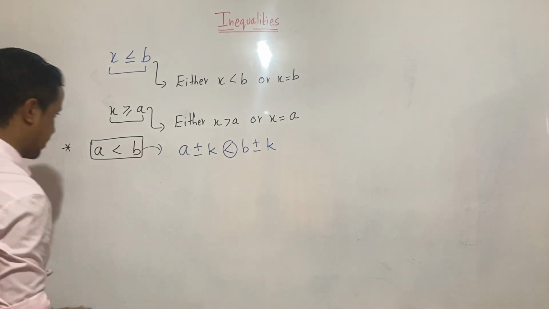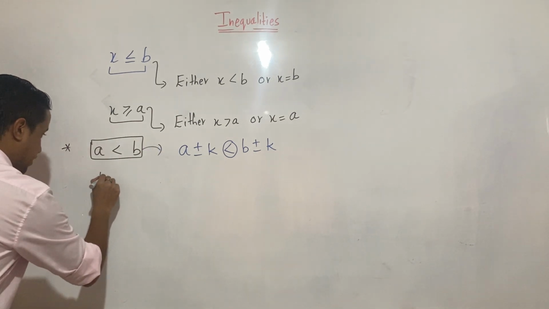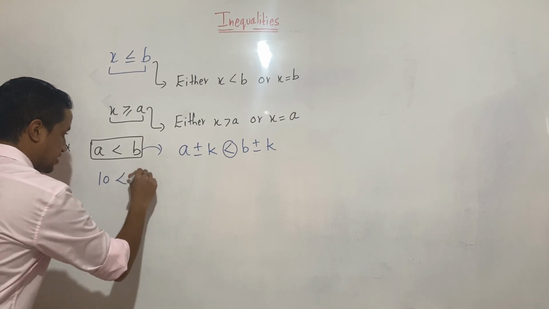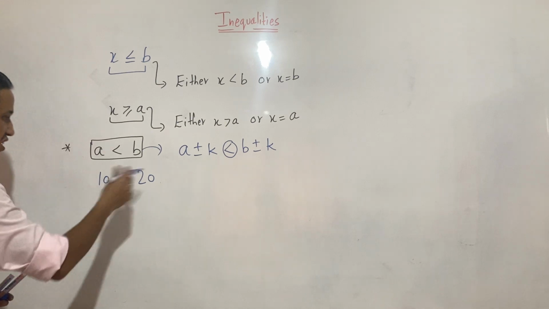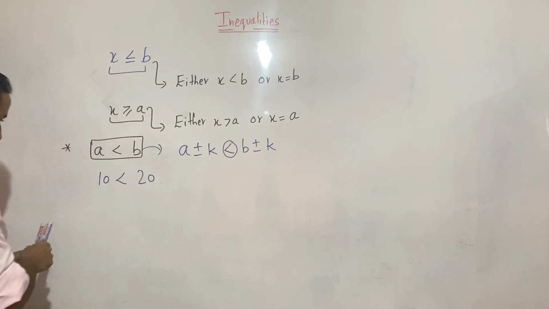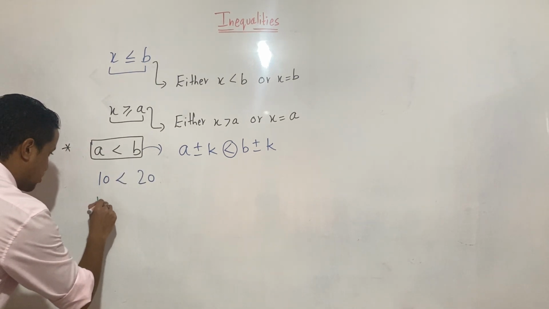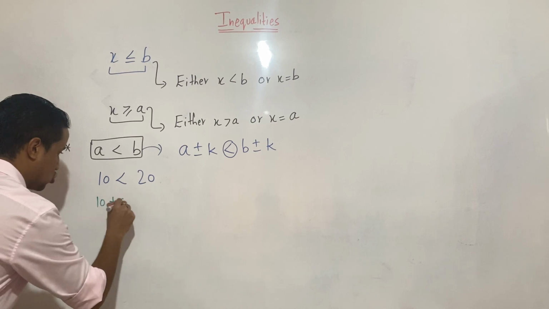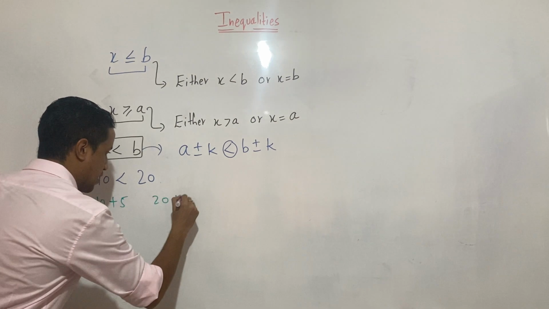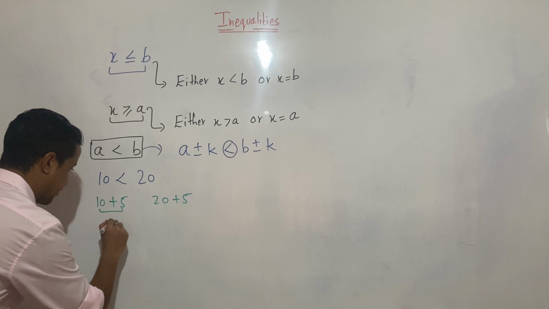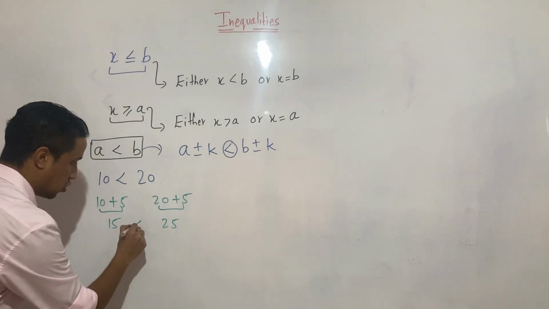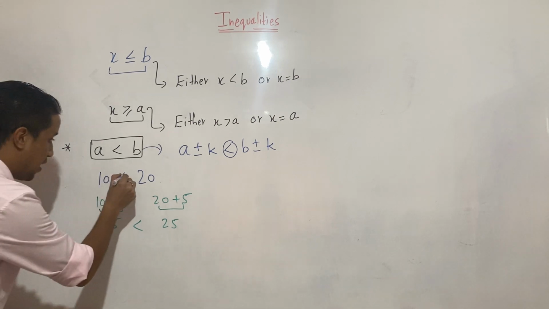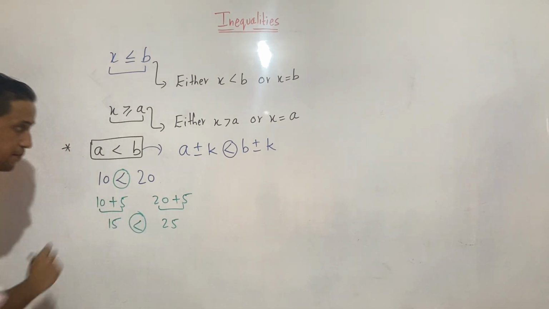Let's say 10 is less than 20. If you add 5 to both sides, here you will have 15, here 25. Now 15 is also less than 25. See, the sign remains the same.